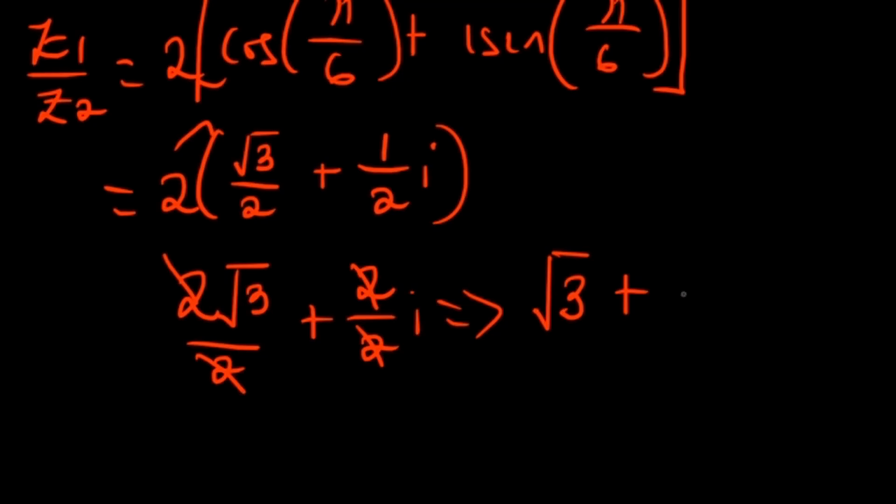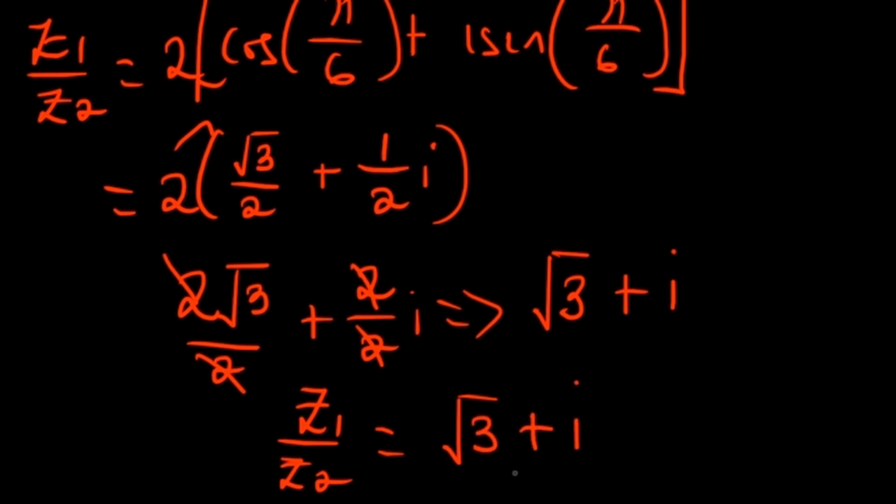So you cannot say 1i, you simply say I. Okay? So we now have seen that Z1 over Z2 is equal to root 3 plus I. And this is the form of A plus BI because this is our real part and this is our imaginary part.